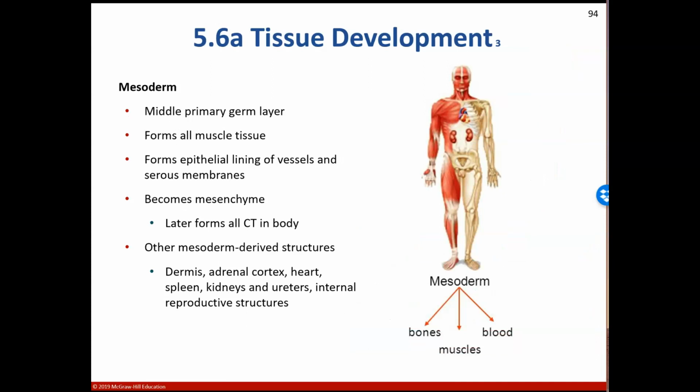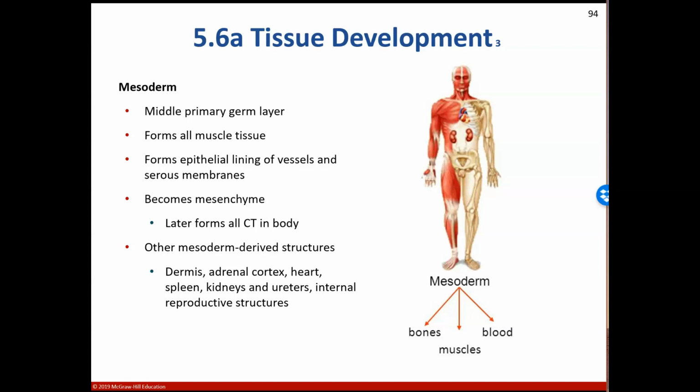Now onto our mesoderm. This is going to be our middle primary germ layer, and it's going to form all of our muscle tissue. It forms the epithelial lining of our vessels and serous membranes and becomes mesenchyme. So later it's going to form all of the connective tissue within our body as well. So remember, our bones and our cartilage are all types of connective tissue.